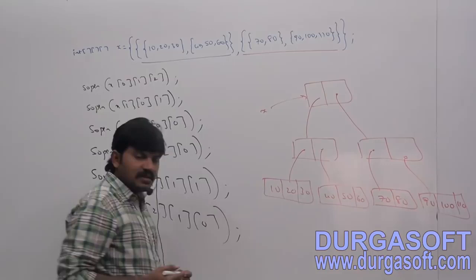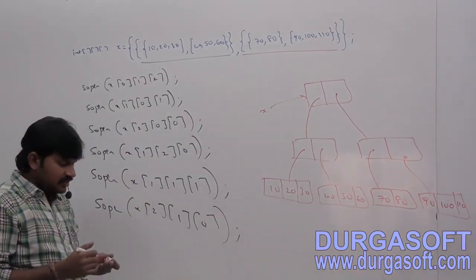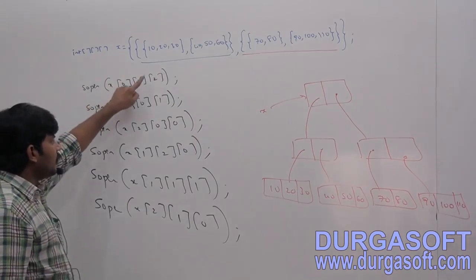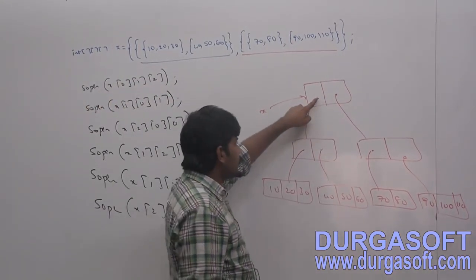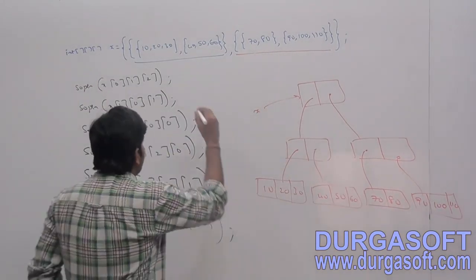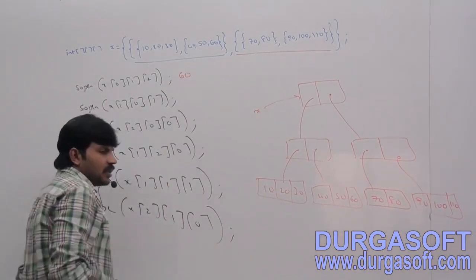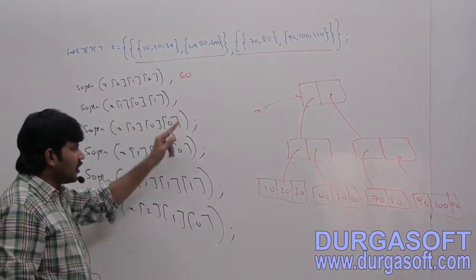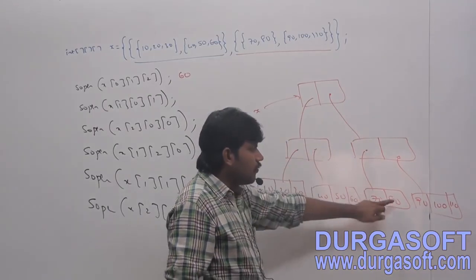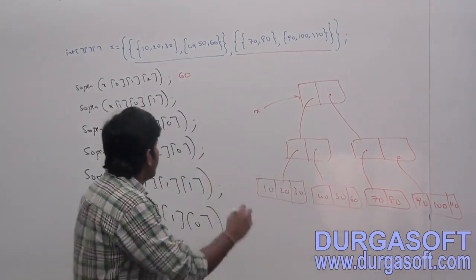I hope by seeing this diagram you can answer very easily. What is the first one? X of 0, 1, 2 is nothing but 60. X of 1, 0, 1 is, X of 1, 1, 0, 1, 80, not 70. 80.